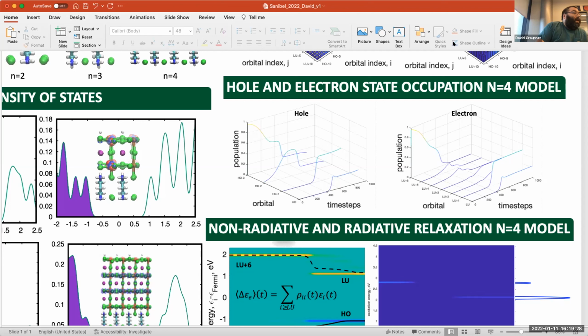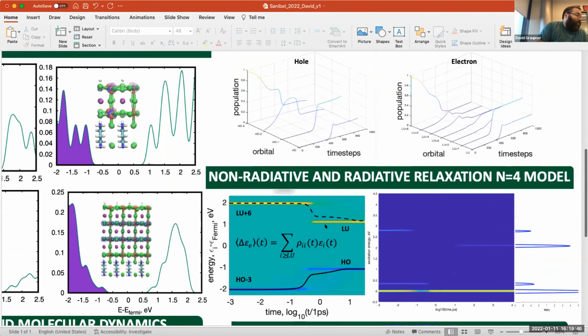Is there a trend of relaxation rates for different layers? Not that I've noticed. They all seem to relax fairly similarly.